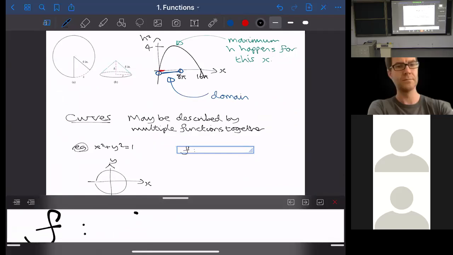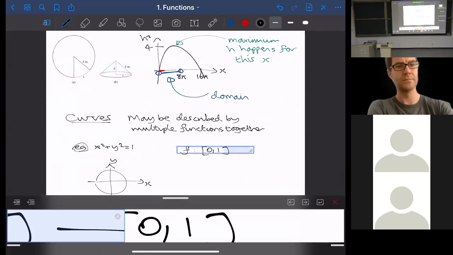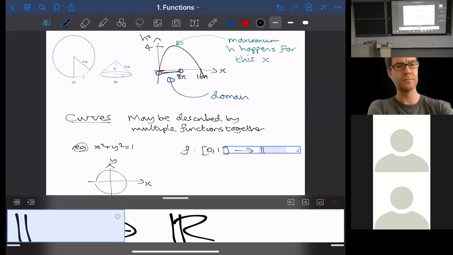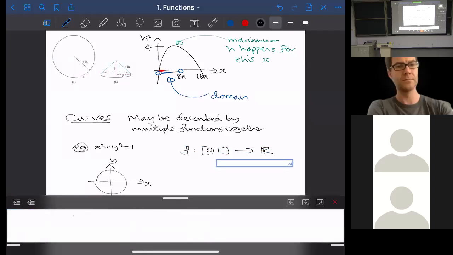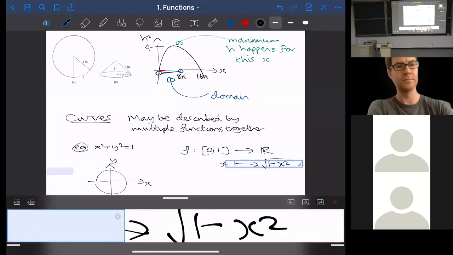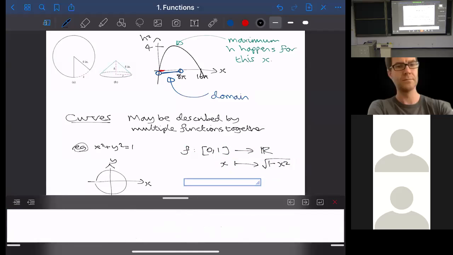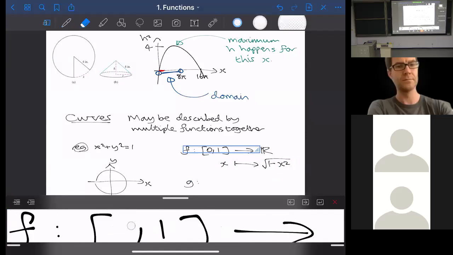So f has domain minus 1 to 1, and its value is the square root of 1 minus x squared.